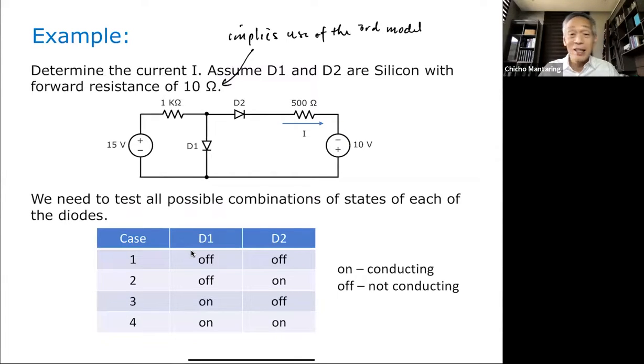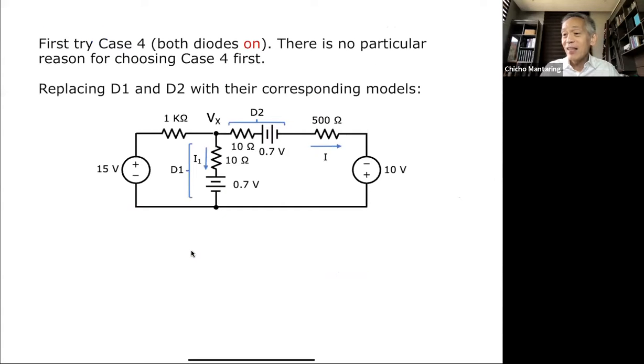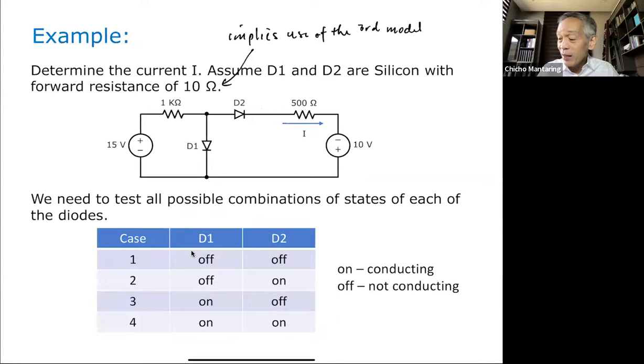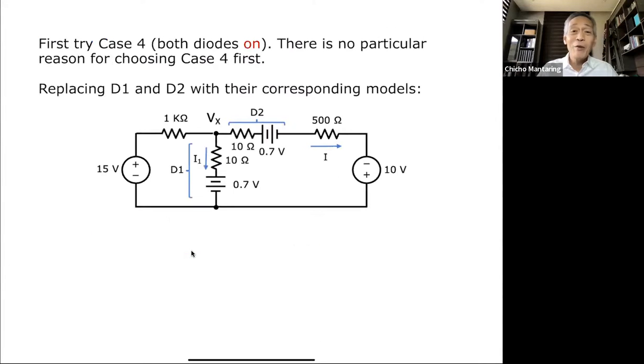Where do I start? Let's start first with both diodes on. So ito yung una kong susubukan, itong case 4. Now, why did I choose case 4 first? Actually, wala lang. No particular reason for choosing case 4 first.